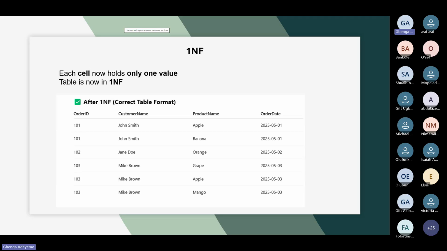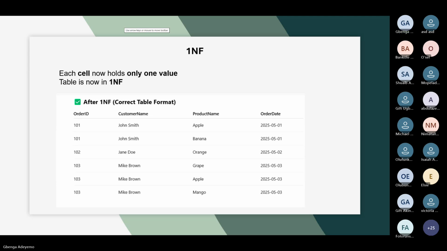Now, the rules of 2NF is this. There's something we call non-key attributes. And what is a non-key attribute is your course name. Your course name is not a key, right?